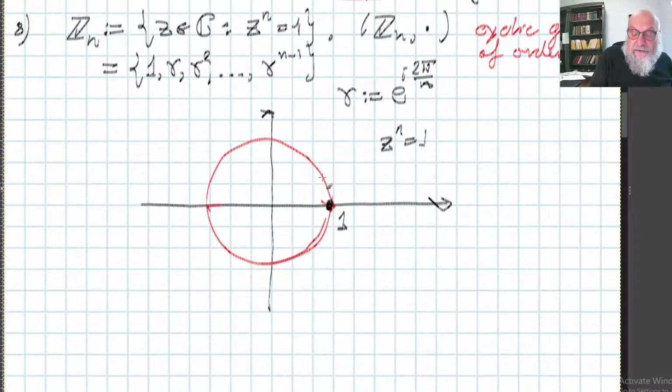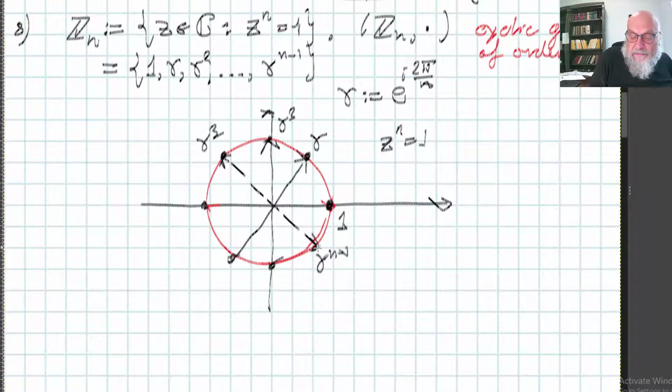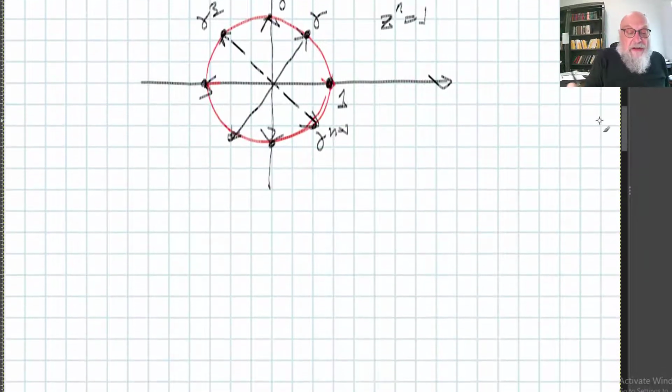So that's the obvious solution, and then you create a regular polygon with n vertices, and these vertices, first one, that's our gamma, this one is gamma squared, that one is gamma cubed, and this will be gamma to the n minus 1. So those are the roots of identity that will be considered to be the group Zn. So let's go to the next example. So that's a compact group.